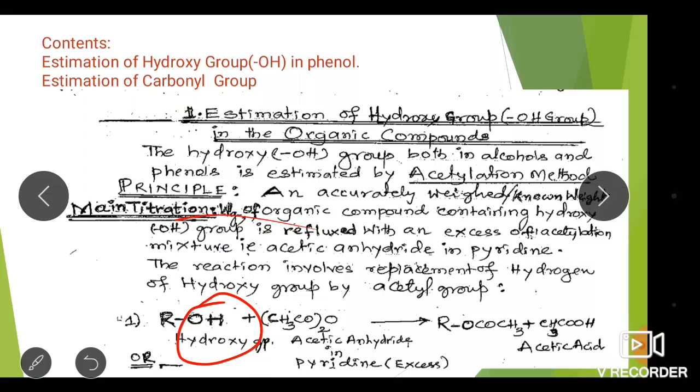An accurately weighed, known weight of an organic compound containing a hydroxyl group is refluxed with an excess of acylation mixture, that is acetic anhydride in pyridine.